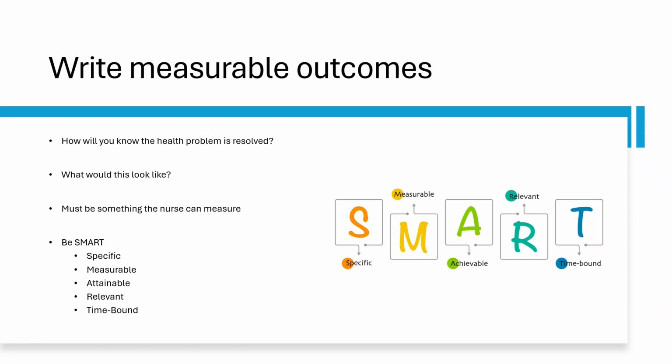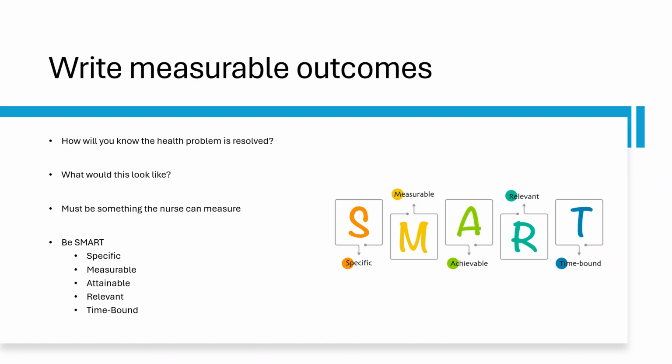Performance criteria, observable, measurable behavior. Target time, when the outcome should be achieved. An example of this would be during the next 24 hours, the patient's fluid intake will total at least 2,000 milliliters. Or at the next visit, on 12/23/25, the patient will correctly demonstrate relaxation exercises.